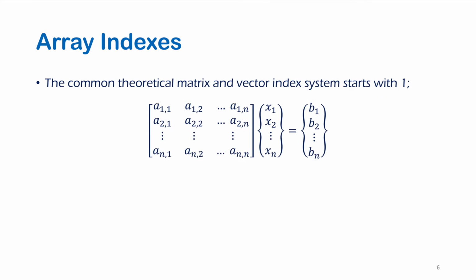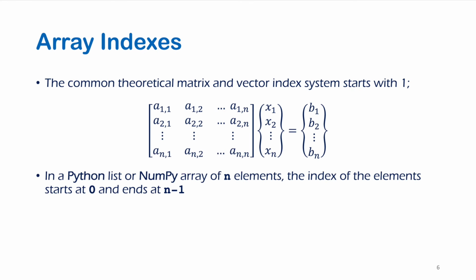Up to this point in this lecture, I used the common index or subscript system of matrix and vector elements in most textbooks of numerical analysis and mathematics in general, where the index of the first element is 1 and the last element is n. But during coding, the array index system of the computer language should be taken into consideration.